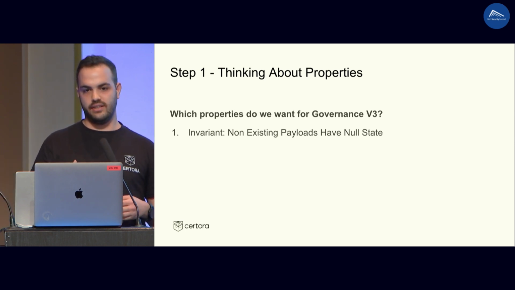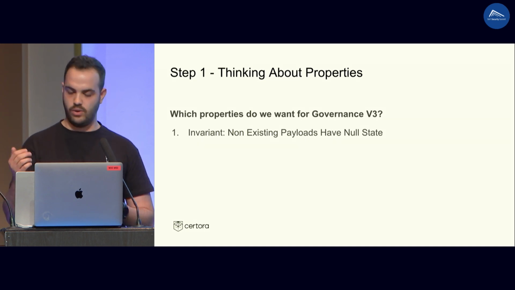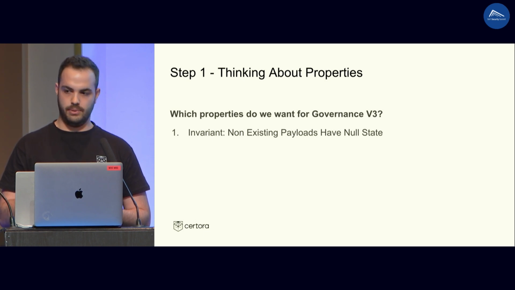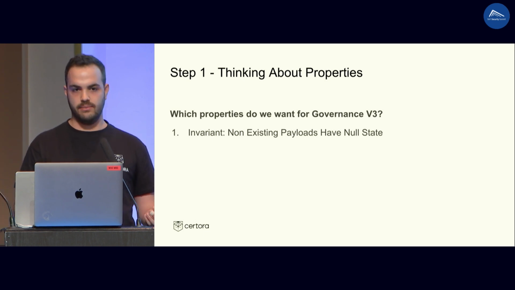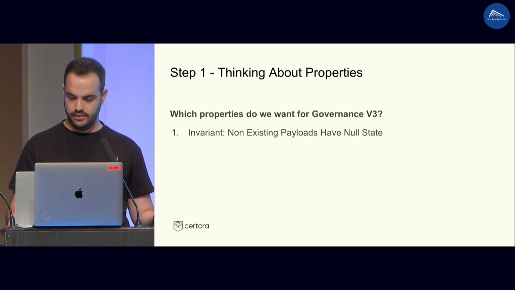And we have a payload counter that states how many proposals were created up until now. So any payload ID which is further than the counter, so doesn't exist yet, should have a null state. There is a struct of the state of the proposal, and the state should be null because it doesn't exist yet. So it doesn't make sense that it won't be 0, it won't be null.